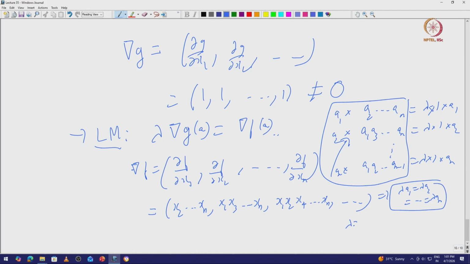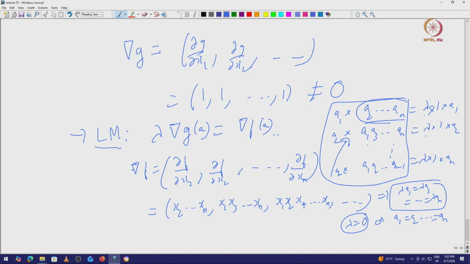So either lambda is 0 or a1 equals a2 equals so on until an. If lambda is 0, that means a2 times so on until an is 0, right? And a1 times so on until an is 0, and so on, right? So if a2 times so on until an is 0, right? So what does that mean?